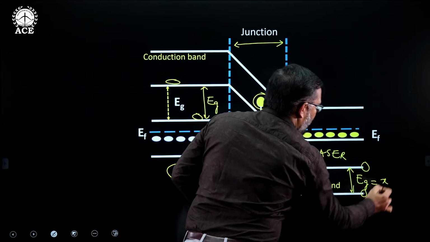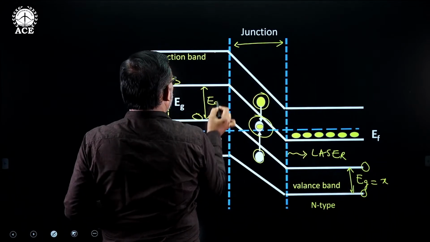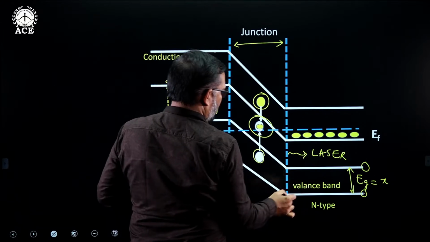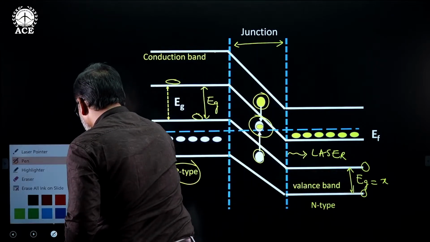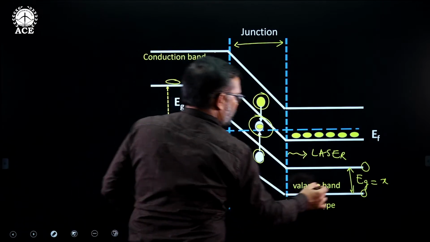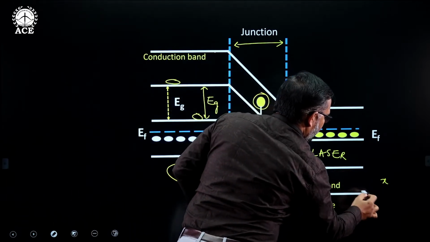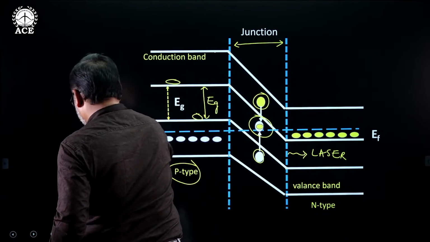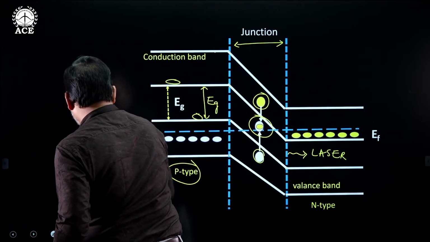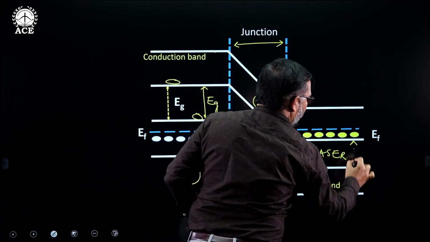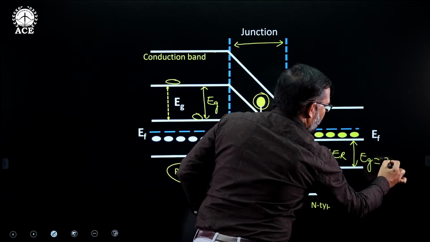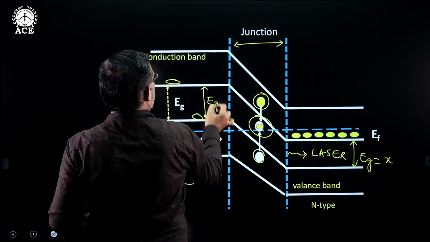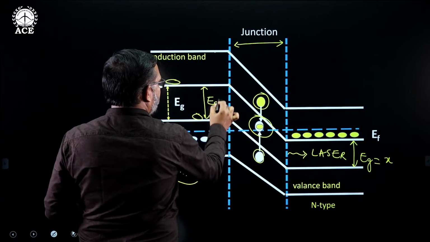For the N type, for example, the energy gap is X. Here, this energy gap is X.